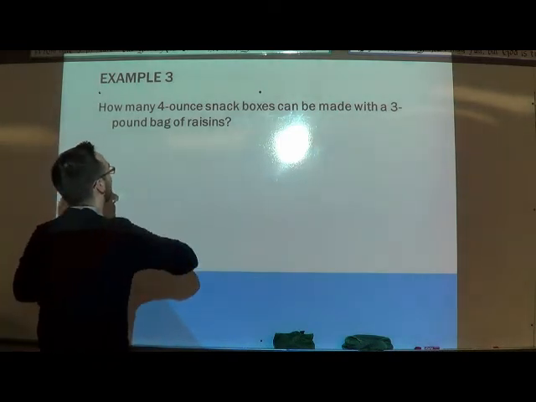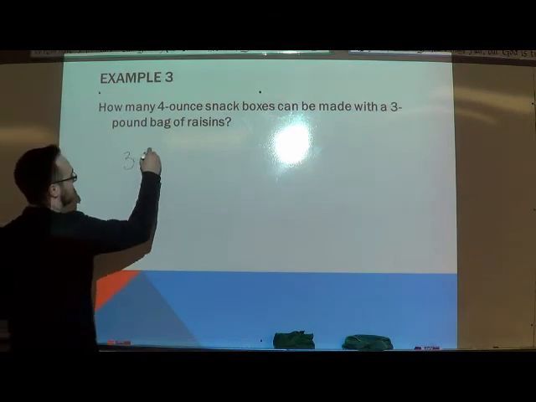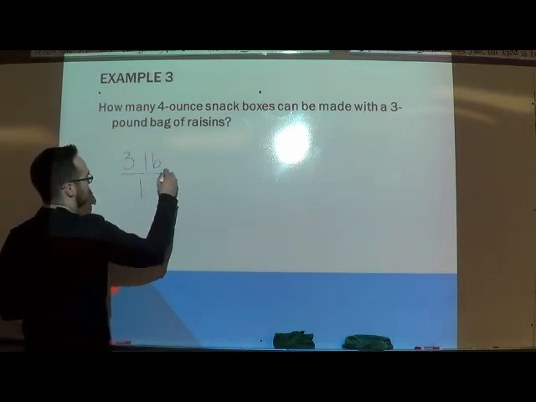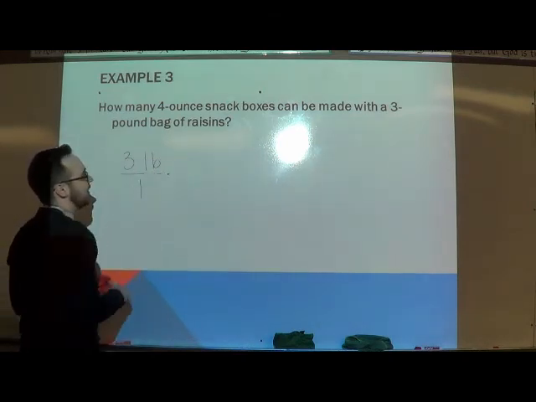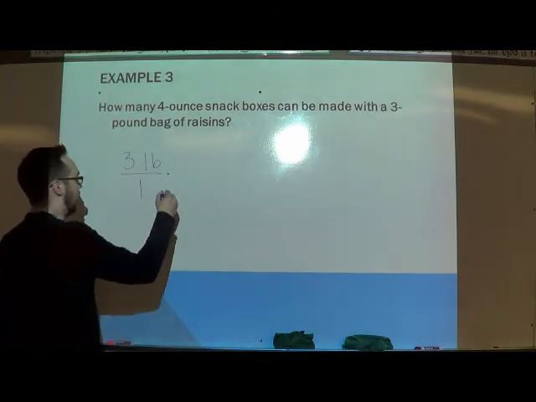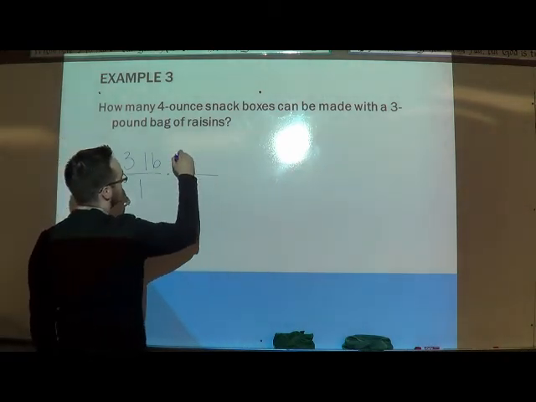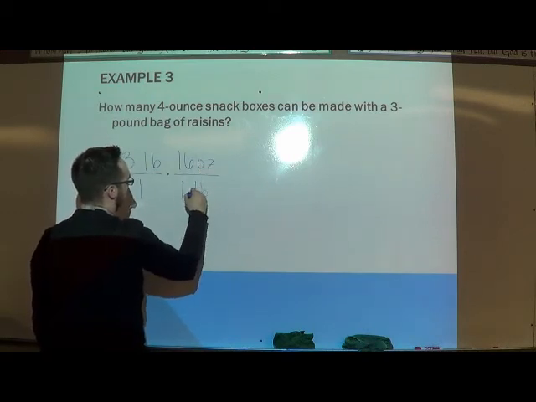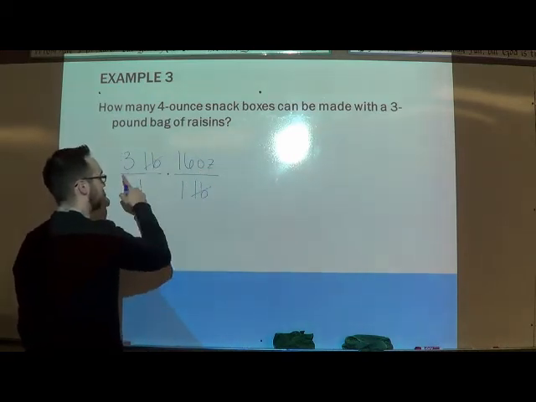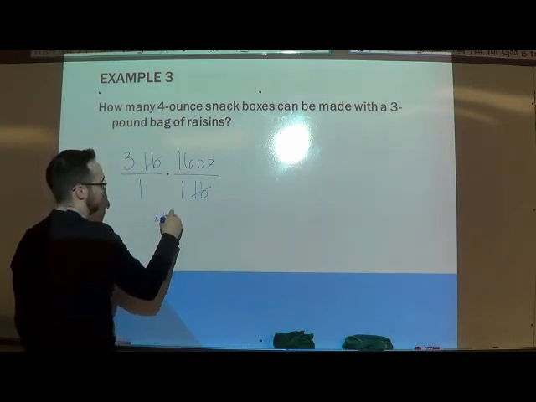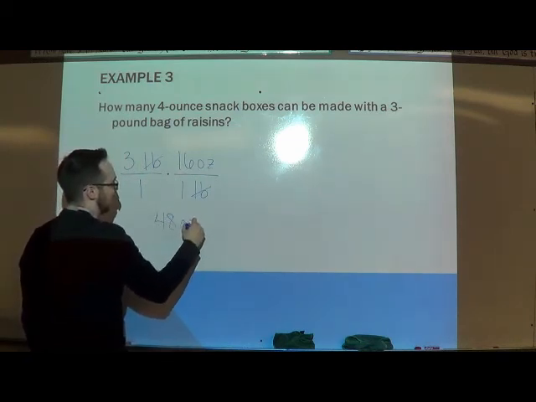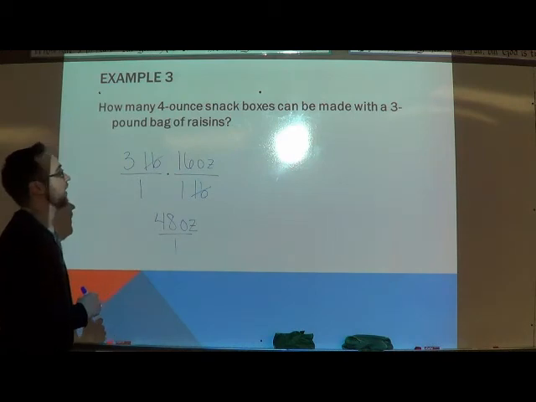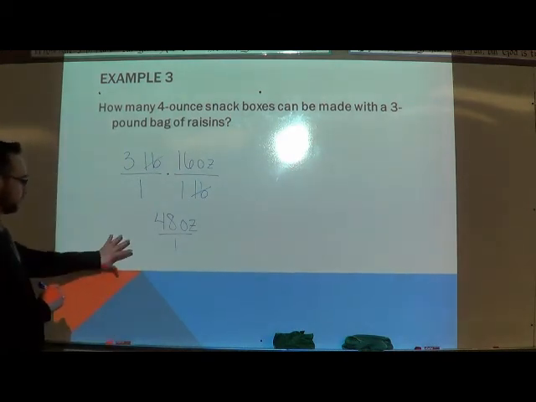So I'm going to convert 3 pounds, and I want to make it into ounces. So how many ounces are in a pound? There are 16 ounces in 1 pound. Again, the pounds cancel. 3 times 16 gives me 48. So there are 48 ounces in 3 pounds.